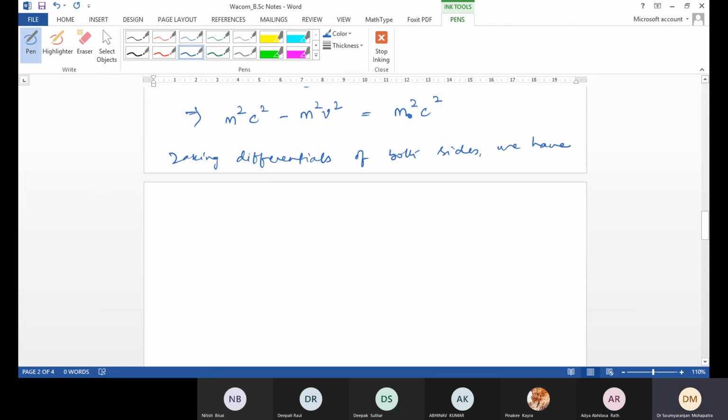So this will be 2m c square dm, and this will be m square 2v dv plus 2 v square, and this is 2m actually. I'll write here m dm, this will be in bracket, and this is equal to 0.